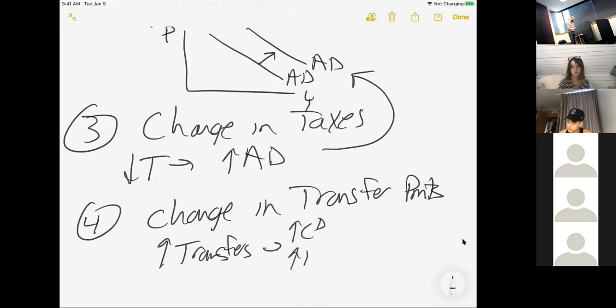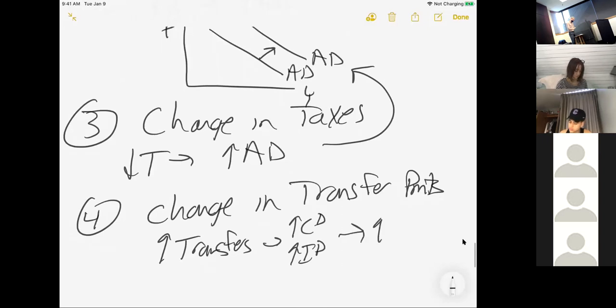That should stimulate consumption and investment demand and increase aggregate demand. So changes in government transfer payments can be one of the things that influence aggregate demand.